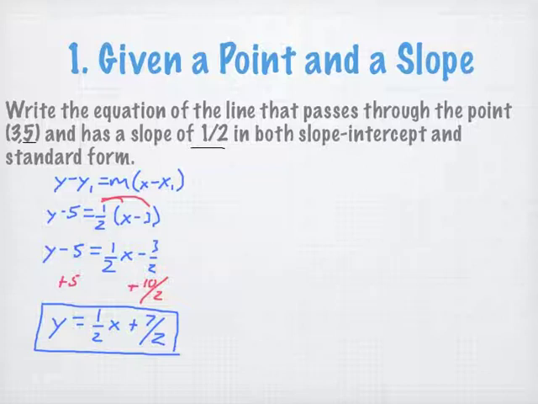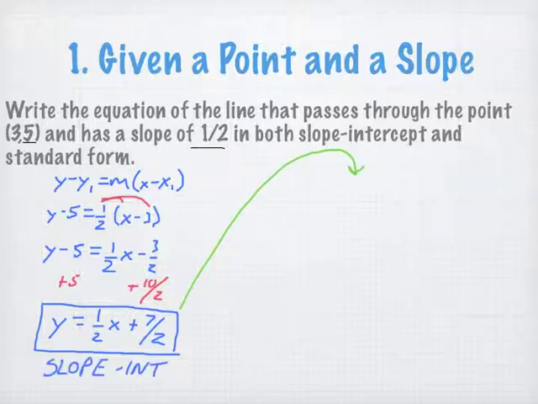Now that we have slope-intercept form, we also want to find standard form. Recall with standard form, the terms with x and the terms with y are both on the same side. So let's subtract 1/2 x from both sides of the equation.